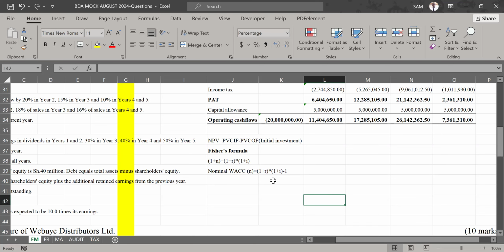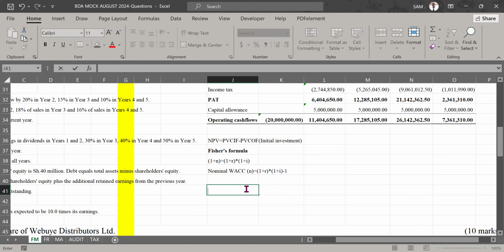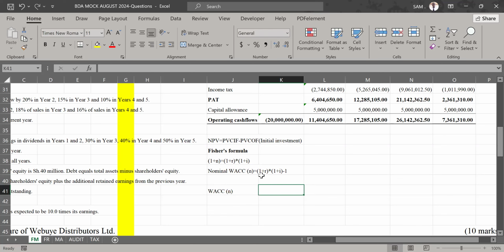So let us now put it into computation, so that we get our weighted average cost of capital, which now we call the nominal. After taking care of all the adjustments, how do we do it? We say, open bracket, 1 plus.